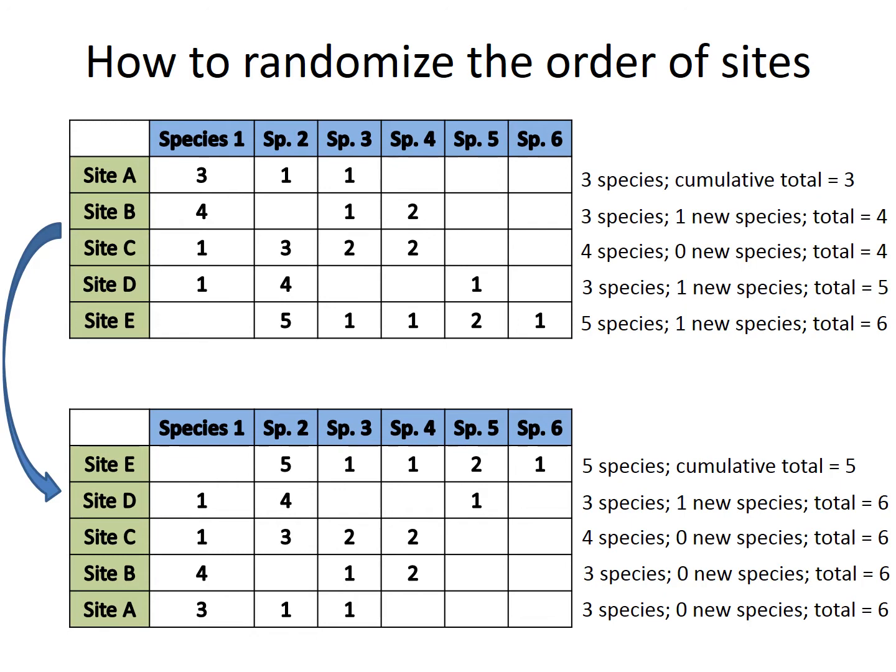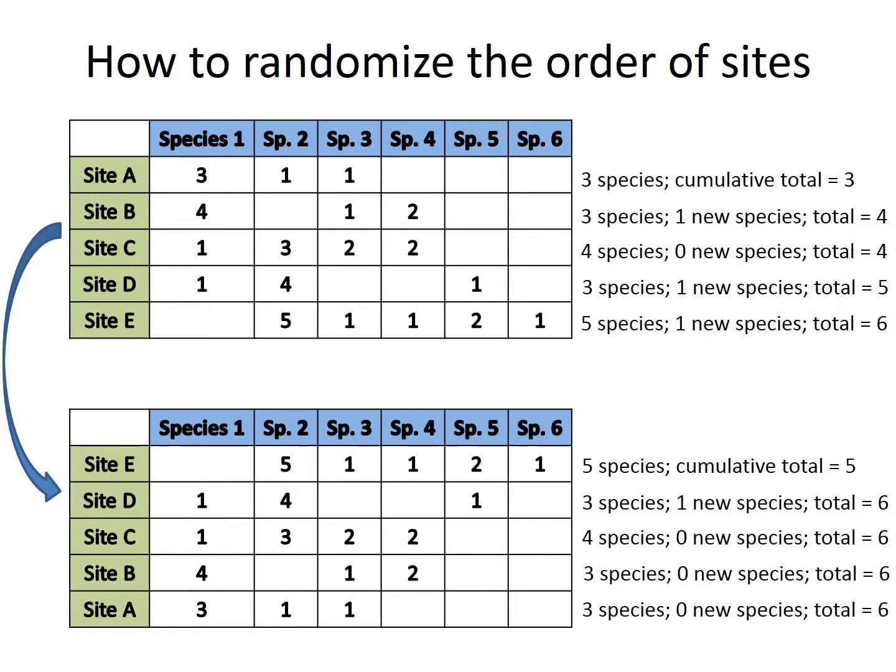It stays at 6 species. Both of these matrices have the same total number of species. In fact, both have exactly the same data, but the order in which the sites are entered into the species accumulation curve affects the shape.